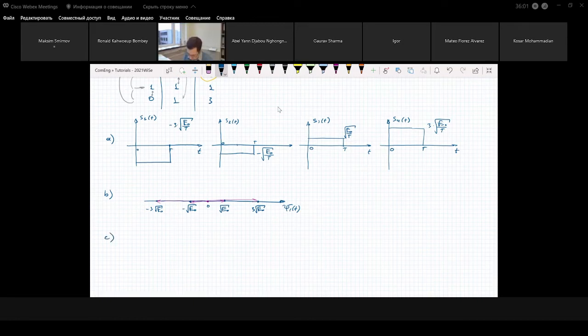Now we have the signal space diagram, and if we go to part C, we need to determine the minimum Euclidean distance between the signal vectors depending on the mean energy per bit EB. We don't know what the mean energy per bit is, and the typical algorithm is the following.